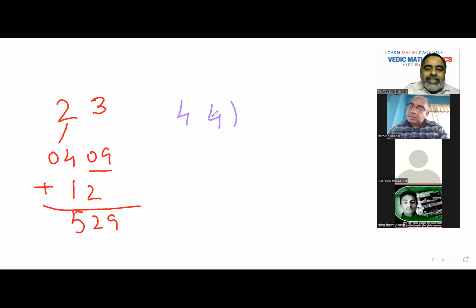44 square. Yes, tell me what is the answer. Yes, Ramesh ji, what is the answer? 1336?